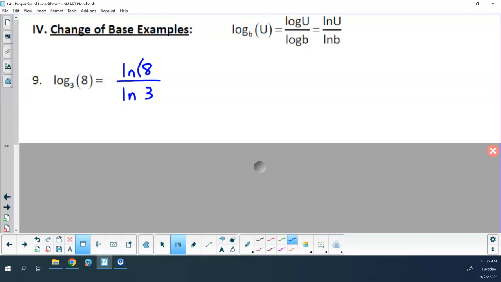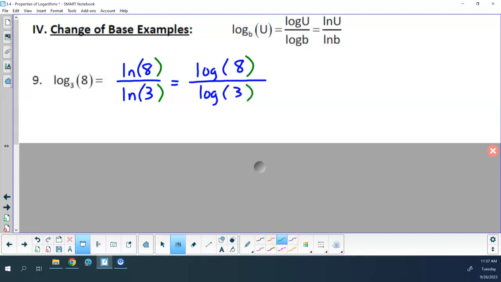You have got to physically close that before you hit the divide. Same if you do common log. It'll open it up like that. You got to close that off before you hit divide, and then it would be log of 3. And then you have to close that off and then hit equals.